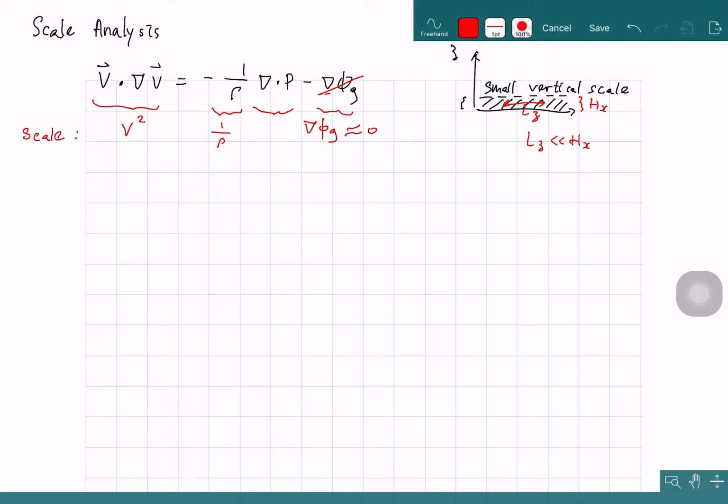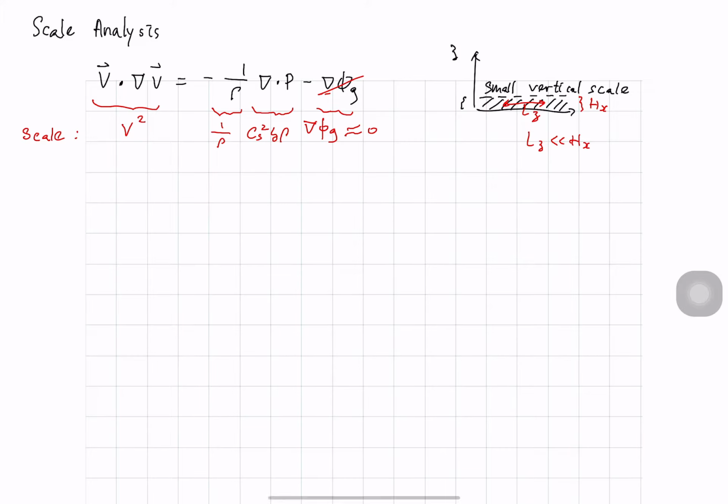For this one, we need some other physical law to change it into the scale. Cs is the speed of sound waves, and then the change of density due to sound waves. I have that in the slides. It's for your information, for reference.